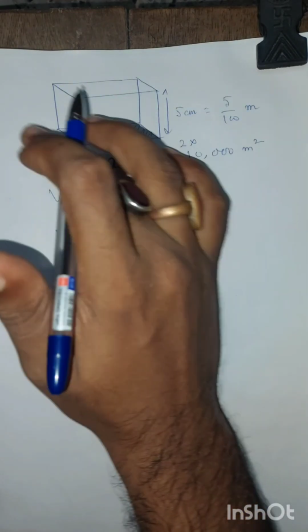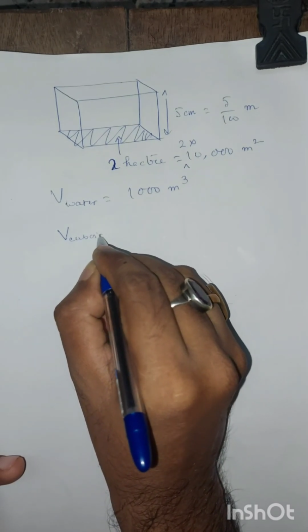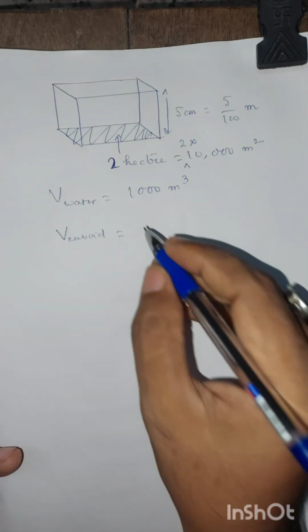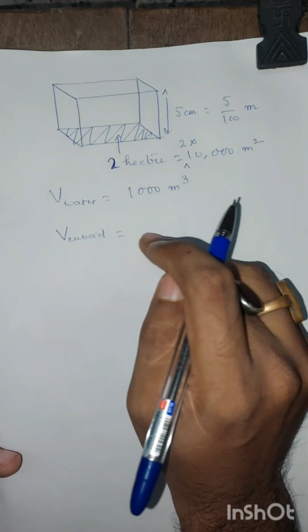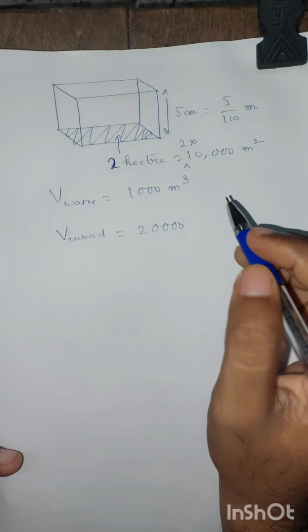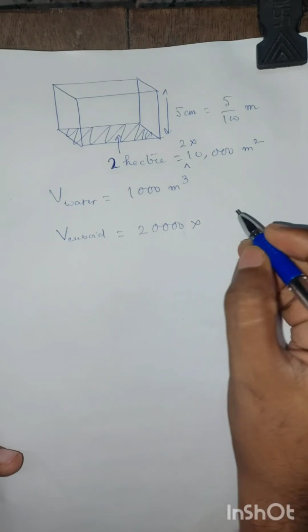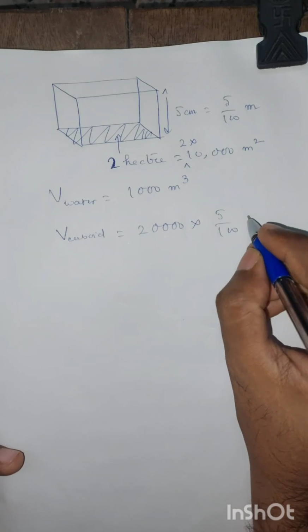Volume of this cuboid is area of the base, that means 20,000 meter square into height 5 by 100 meter cube.